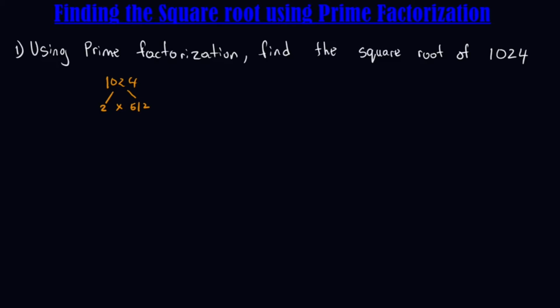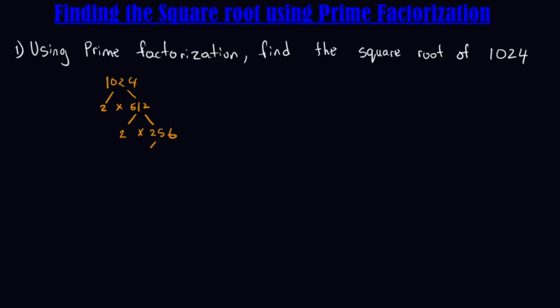So 2 times 512 will give us this number. The 2 is a prime factor, we can't break that up anymore, but we can break up the 512 into 2 times 256. Again, the 2 is a prime factor.